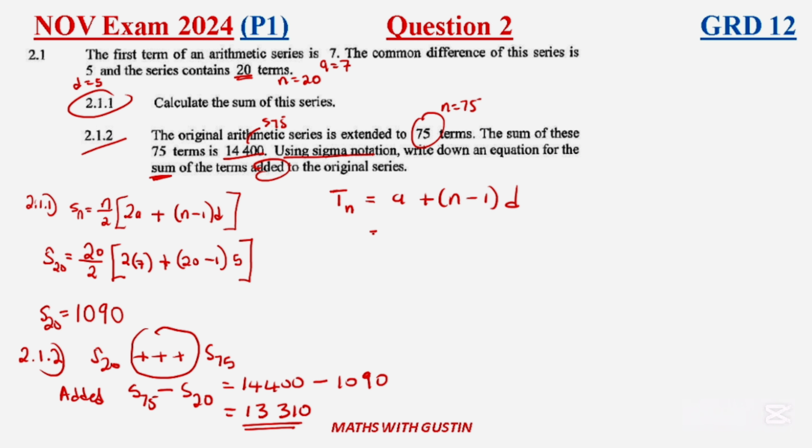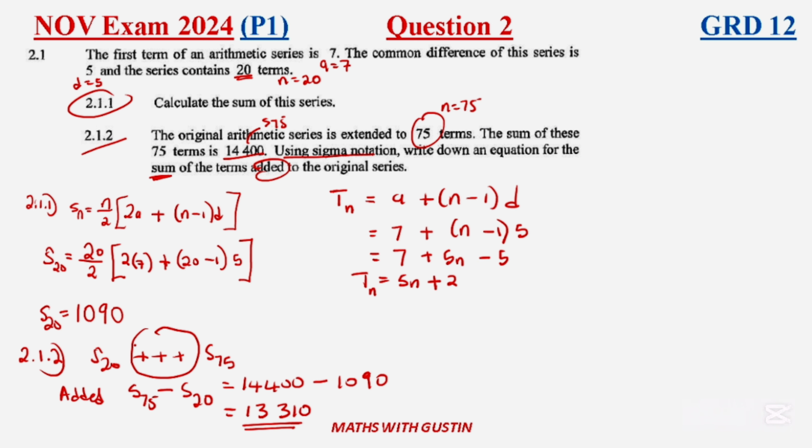You know the first term is 7 plus n minus 1, here we're looking for the nth term, which is the general formula, and the difference between the terms is 5. So you can simplify this: 7 plus 5n minus 5, which will give us 5n plus 2. So this should be our Tn.